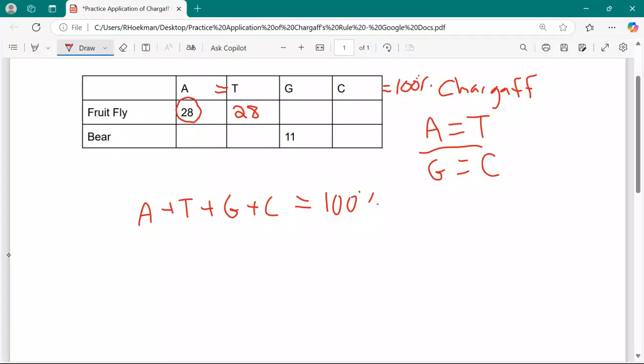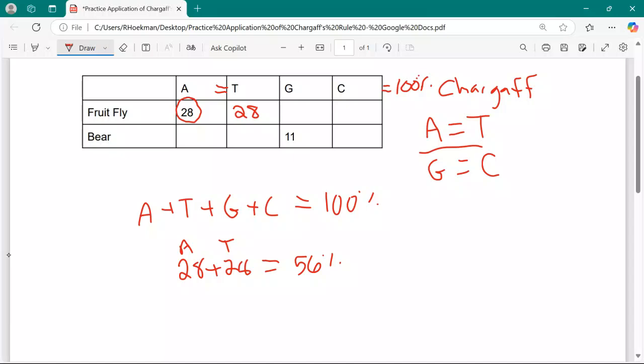So what we then need to do is just take what we have. We have A and T, so we add those together. So A plus T, 28 plus 28. You just get out your calculator and add those together and you get 56. Okay, so we know A and T equal 56% of the fruit fly's DNA for their nitrogen bases.